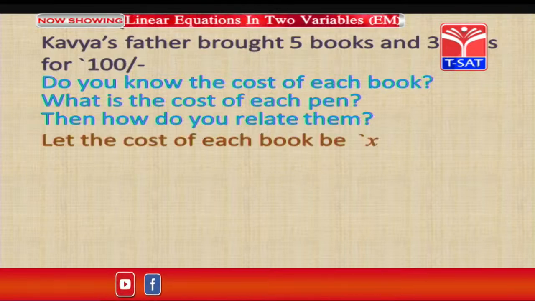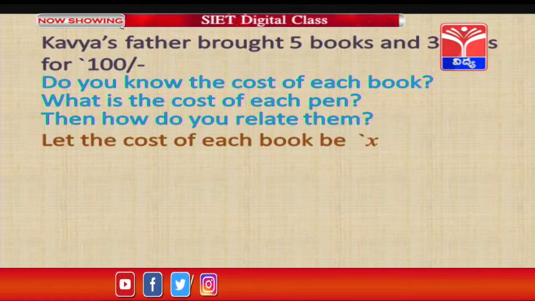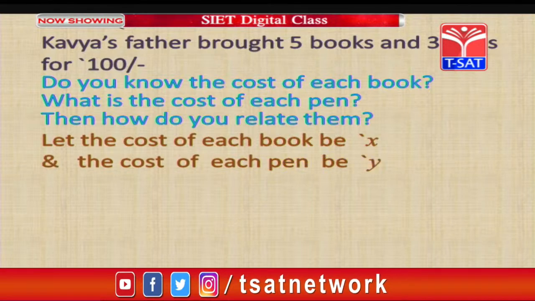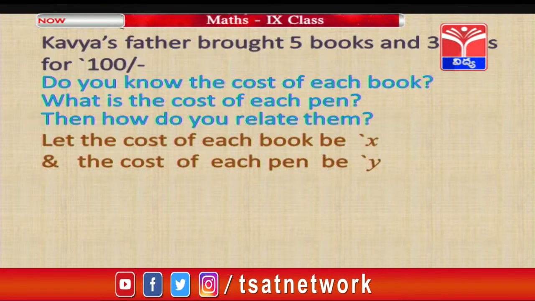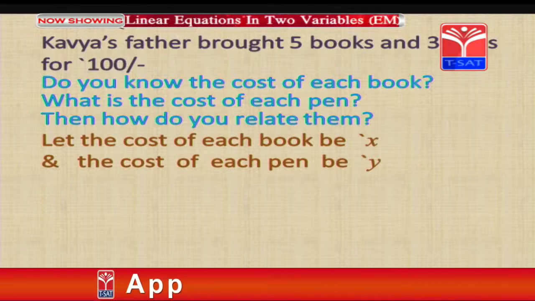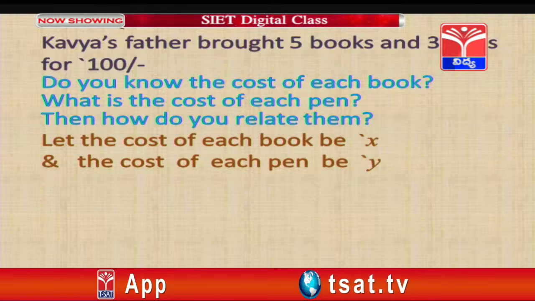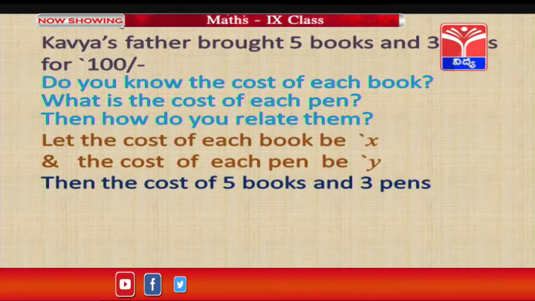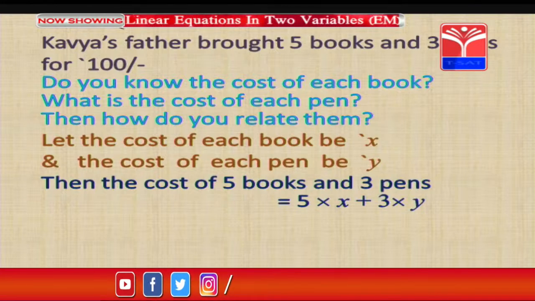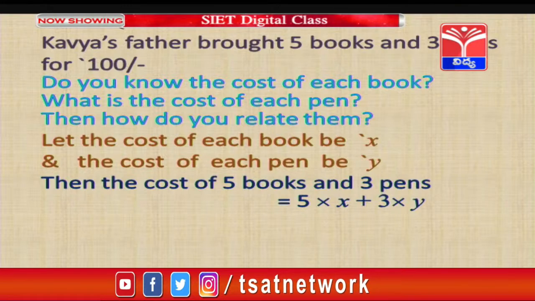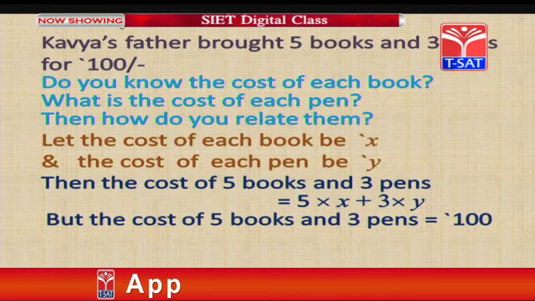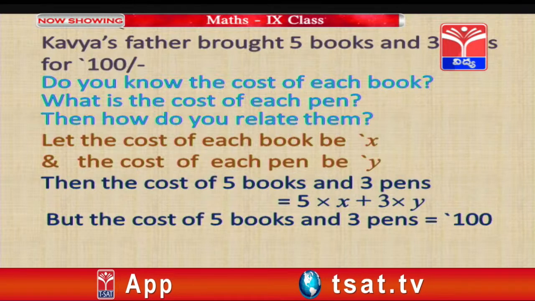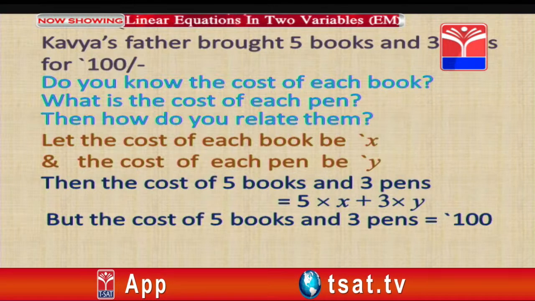Let the cost of each book be x rupees, or x, let me say. Let the cost of each pen be y rupees, or y, I will just say. Now, how many books are there? 5 books. How many pens are there? 3 pens. Then the cost of 5 books and 3 pens will be equal to 5 into x plus 3 into y. But the cost of 5 books and 3 pens is equal to how much here? 100 rupees.